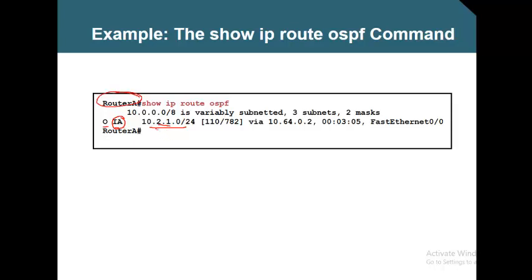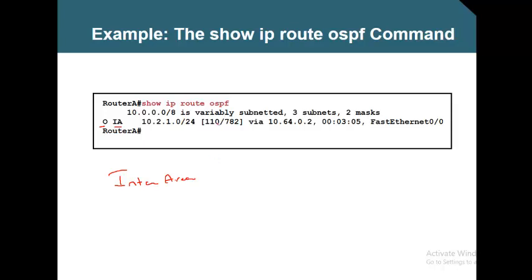This destination is in some other area. O simply means OSPF, IA means inter area: a route coming from another area.